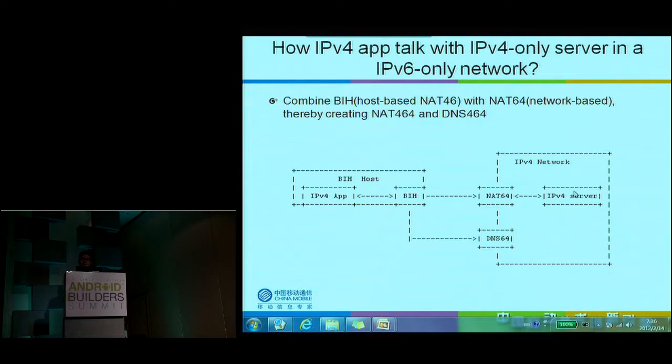In this case, the IPv4 server can provide service to the IPv4 only application. So after combining the BIH and the net46, it lets the IPv4 application talk with the IPv4 only server in the IPv6 only network.